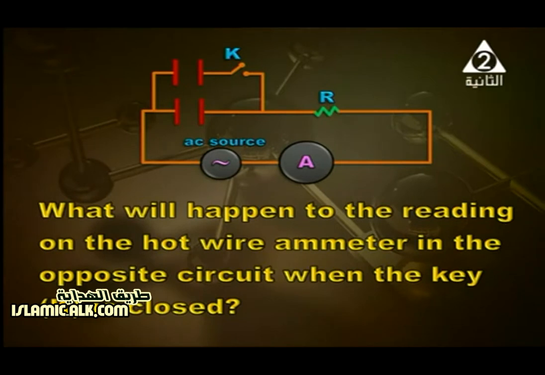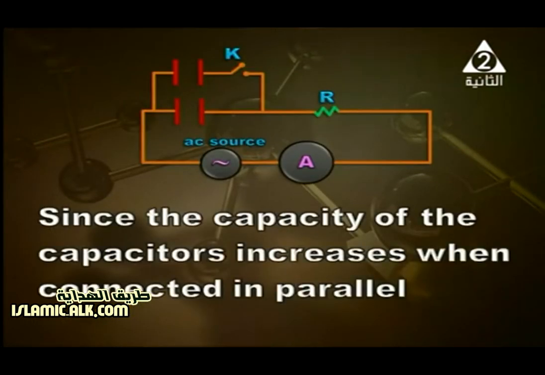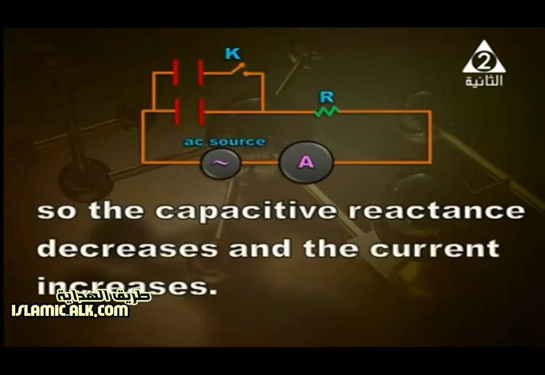So the current increases. So once again, since the capacitance increases when connected in parallel, the capacitive reactance decreases and the current increases. So the reading on the ammeter will be increased.